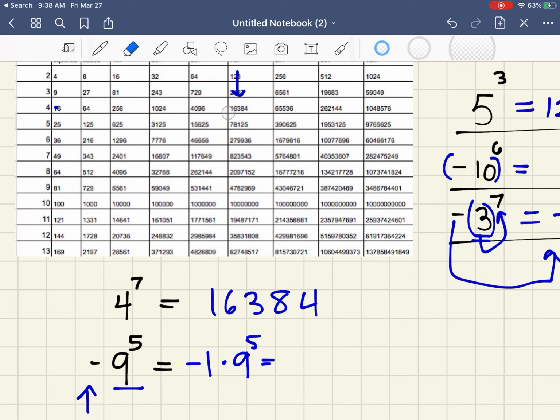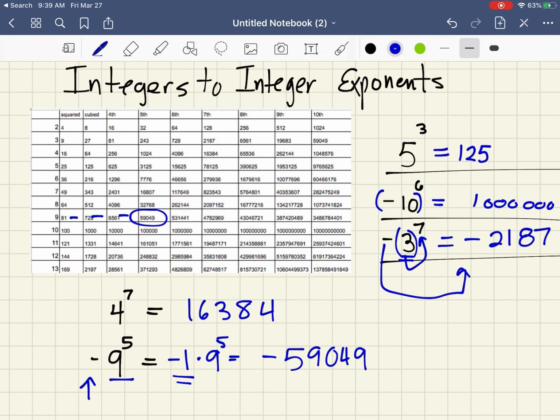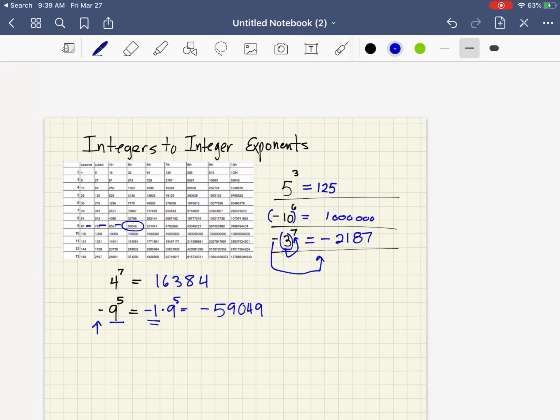So we find 9 to the 5th. 9 squared, 3rd, 4th, 5th: 59,049. And since it's times negative 1, we change the sign at the end. And that's how we find integers to positive integer exponents.